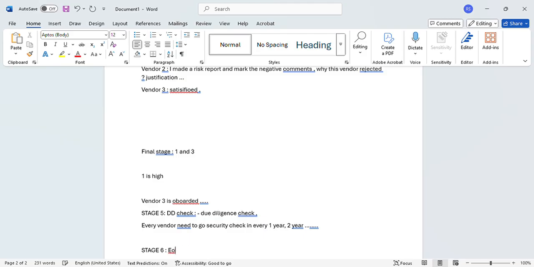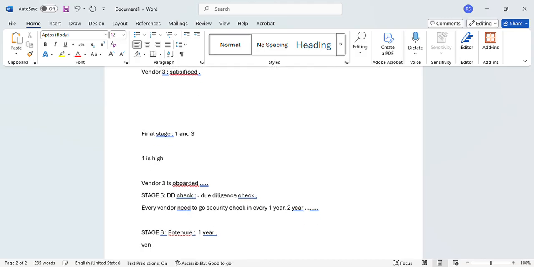End of tenure, guys, don't go for the accuracy of spelling, please. If a vendor is supposed to terminate their services, or their timeline is going to end, or the vendor is not interested in providing the services to the client, then they can turn off the services by giving a notice period of approximately 1 year.